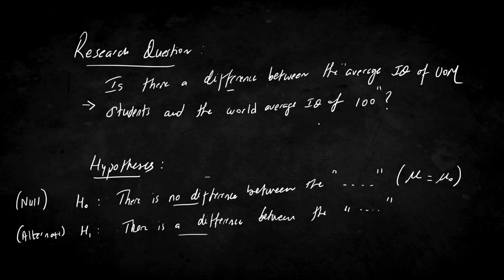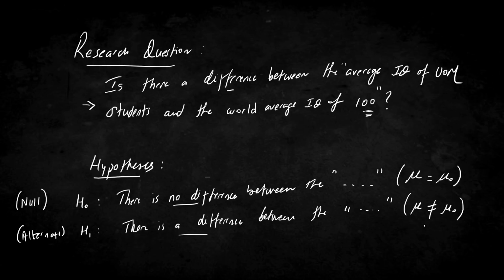So we basically want to compare it with a test value of 100. Is the true average IQ of students the same as the world average of 100, or is it different, which is represented by our alternate hypothesis, basically saying that mu is not equal to mu naught.